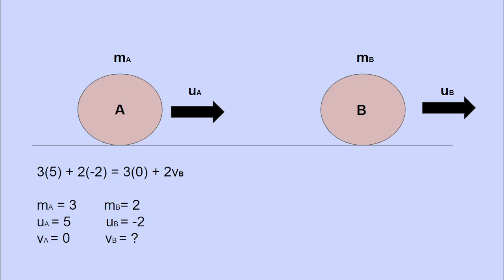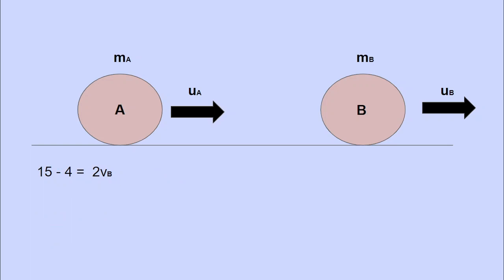We get 3 times 5 plus 2 times negative 2 equals 3 times 0 plus 2 VB. We resolve: 15 minus 4 equals 2 VB. 11 equals 2 VB. VB equals 5.5 meters per second.